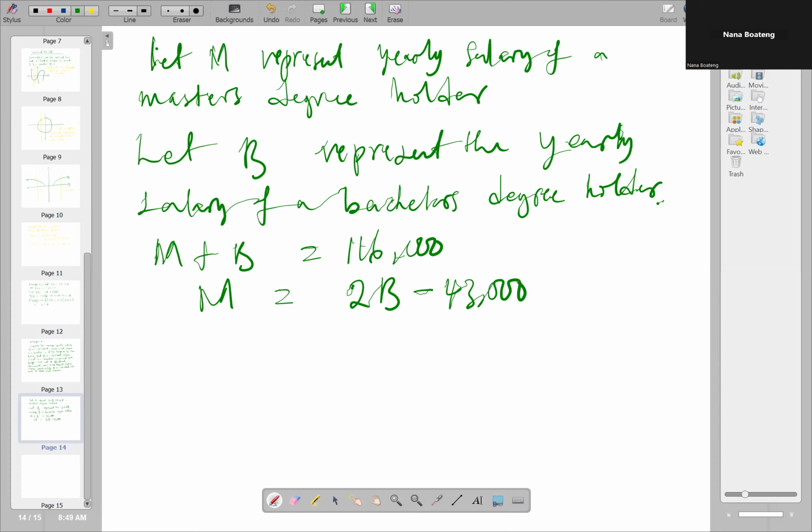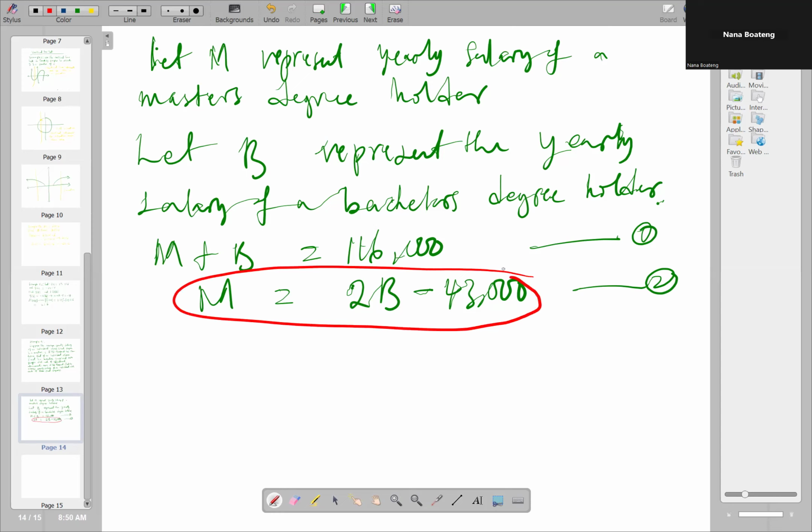All right, so from here we have two equations that we can solve to obtain the income for both. We already know from equation 1 that M plus B is equal to 116,000, and from equation 2 that M is equal to 2B minus 43,000. So we can substitute M in equation 1.